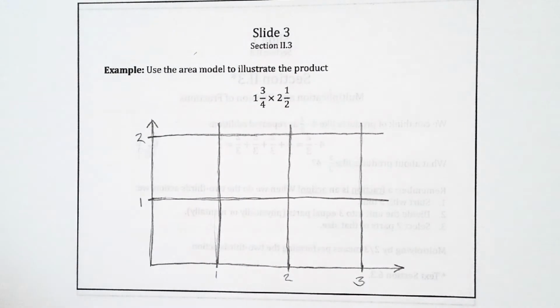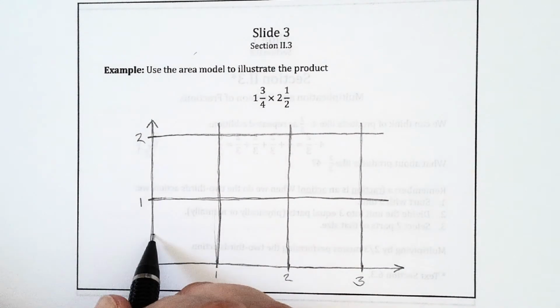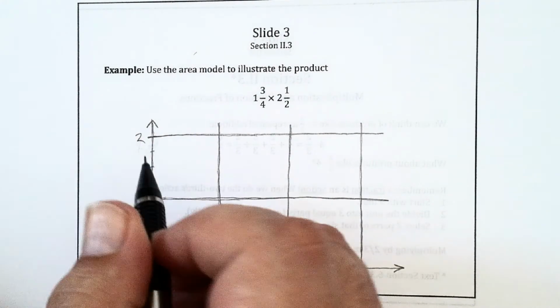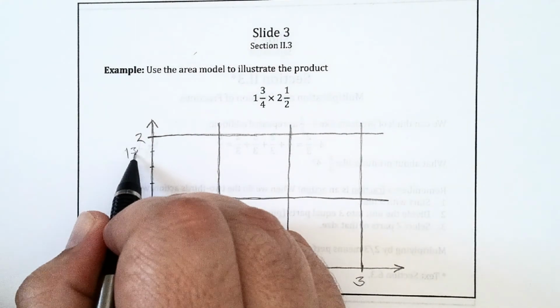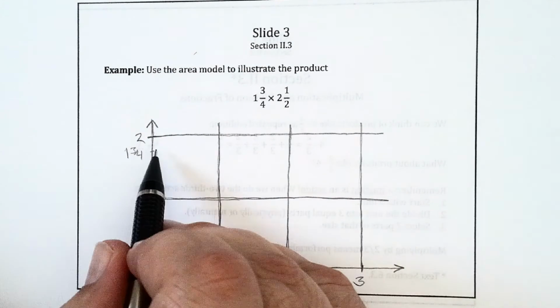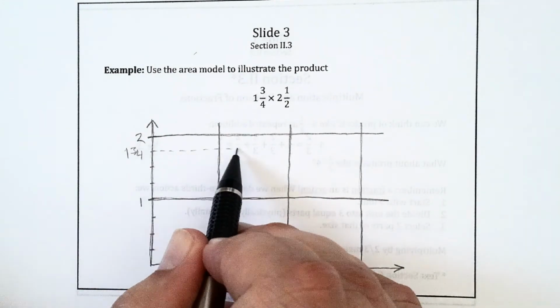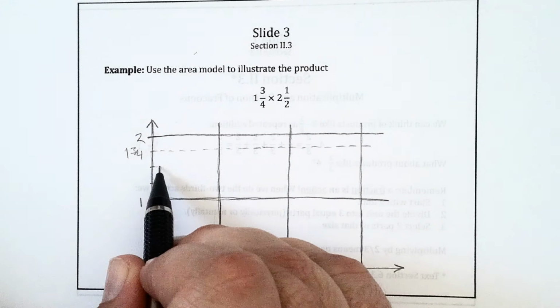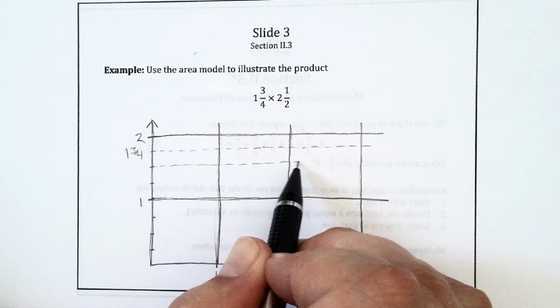Okay, so 1 3/4. I need to divide the vertical axis into quarters. And right here is 1 3/4. Can just extend those across the diagram.